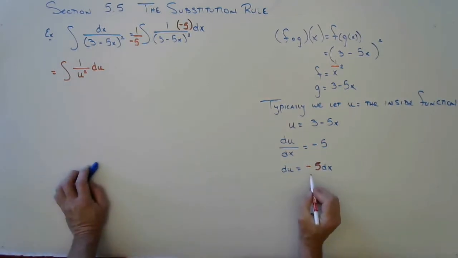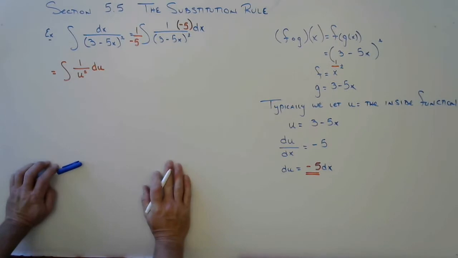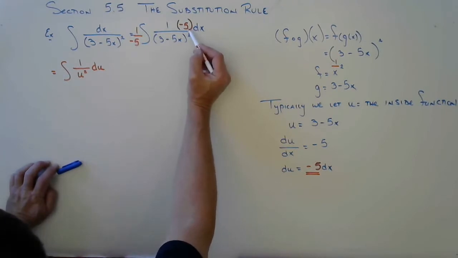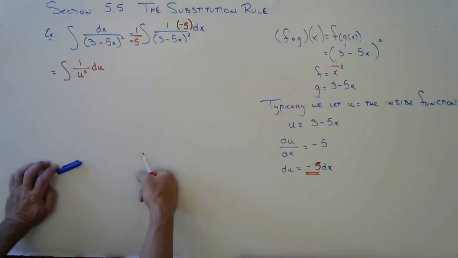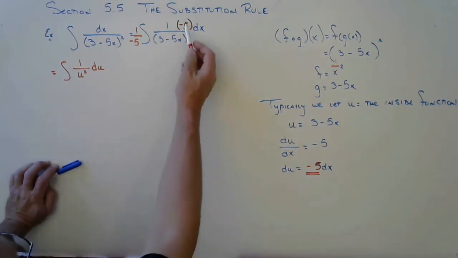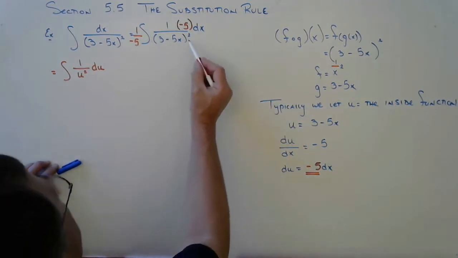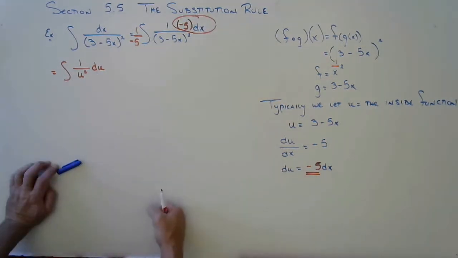If we need a constant, and it's not there, we don't have to panic about that. We just bring the constant into the integrand, and then we divide by the constant outside the integral. Now, negative 5 over negative 5 is 1. We haven't changed anything. So this piece right here, that's why I get to write du.